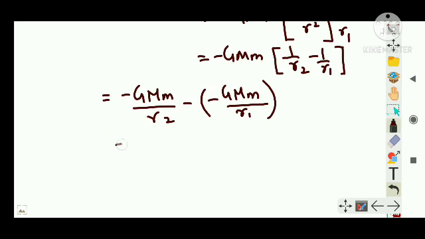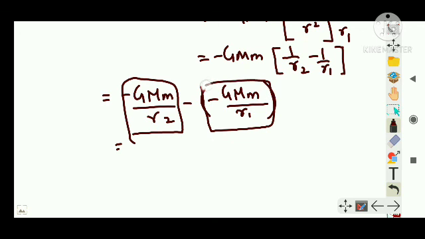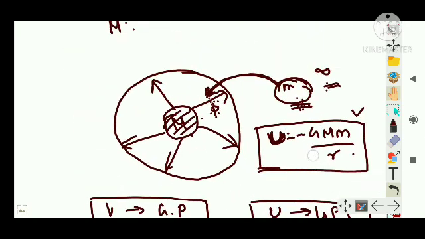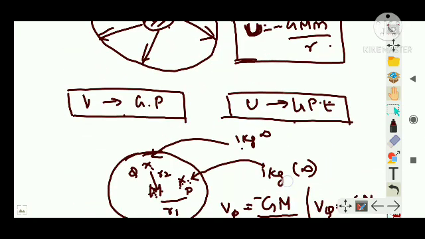So what is minus GMm by r2 and what is minus GMm by r1? I just told you, this term is called the potential energy at a distance. I hope you remember I talked about the expression for potential energy, minus GMm by r.